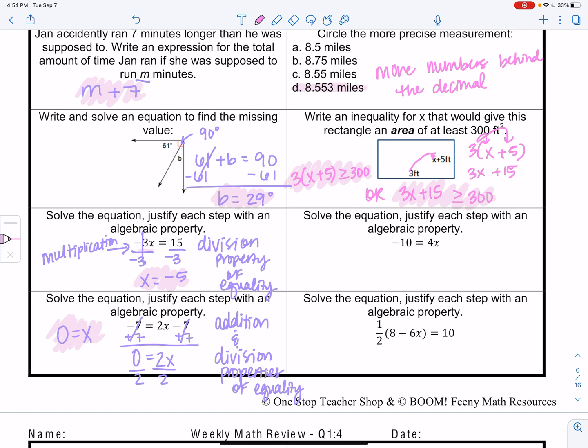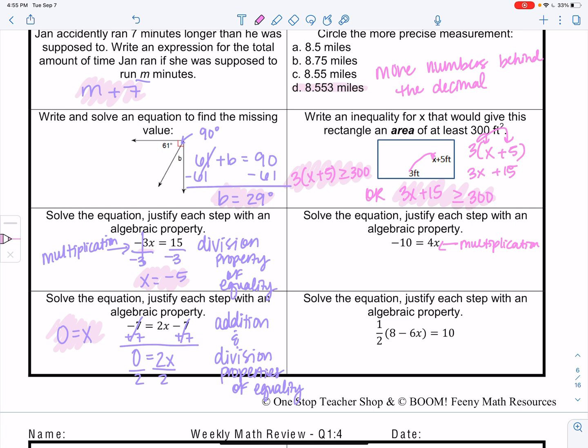So we're justifying each step with an algebraic property. Well, we have negative 10 is equal to 4x. Well, you want x by itself. Right now, x is attached to 4. When it's attached to something, that's multiplication, like we talked about yesterday.